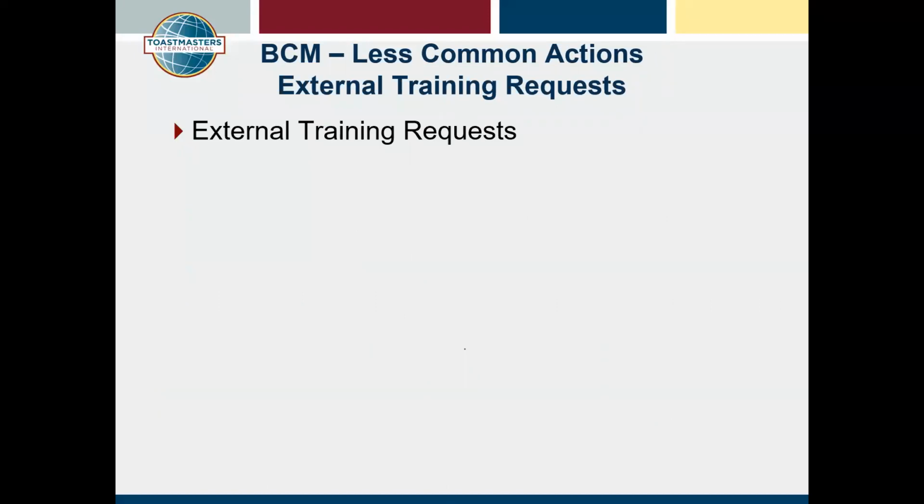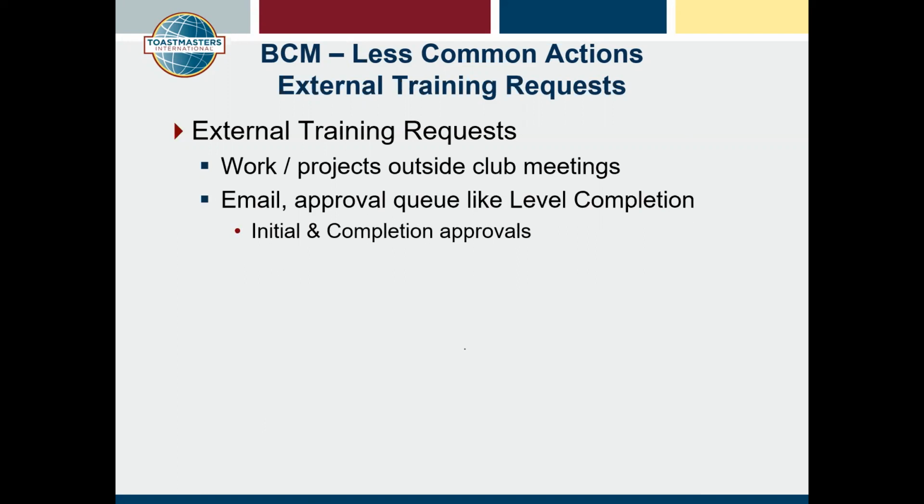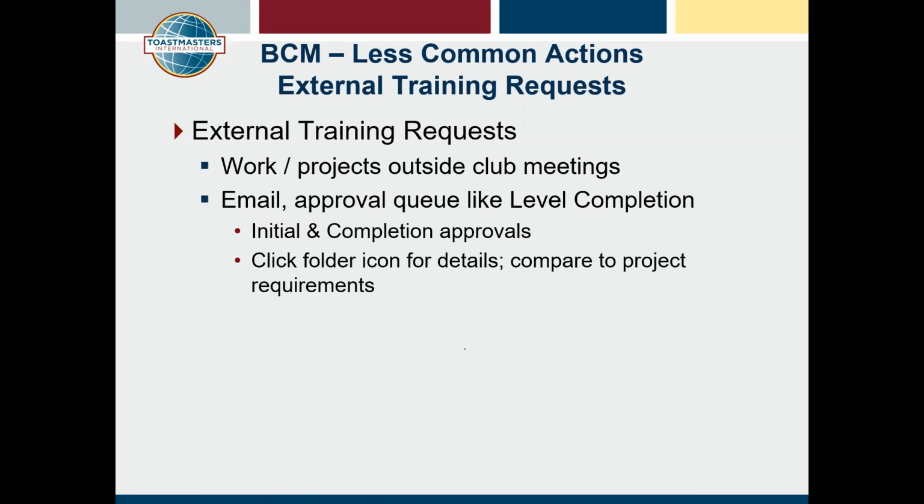Then the other is this external training request. What that is, a person might say, I'm going to do this particular project within level 5 outside of the club. So I want to let you, the Vice President of Education, know, and you have to then go and approve the project, kind of like level completion. You have to do that at the initial, and then you have to do that at the completion. And you can take a look at what they've said about what the project is.